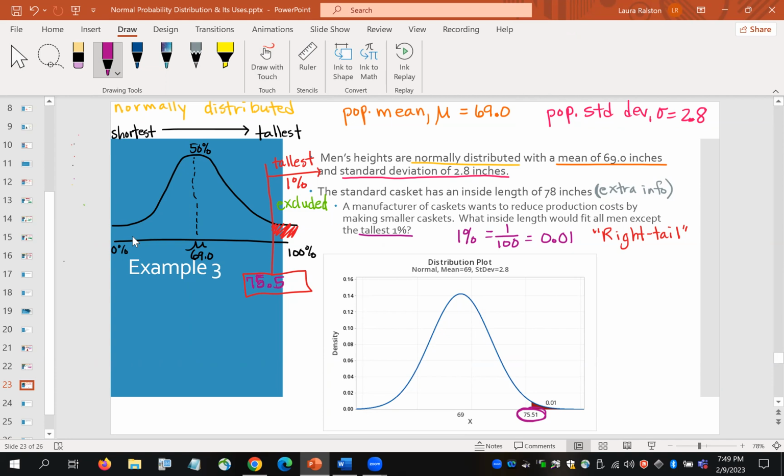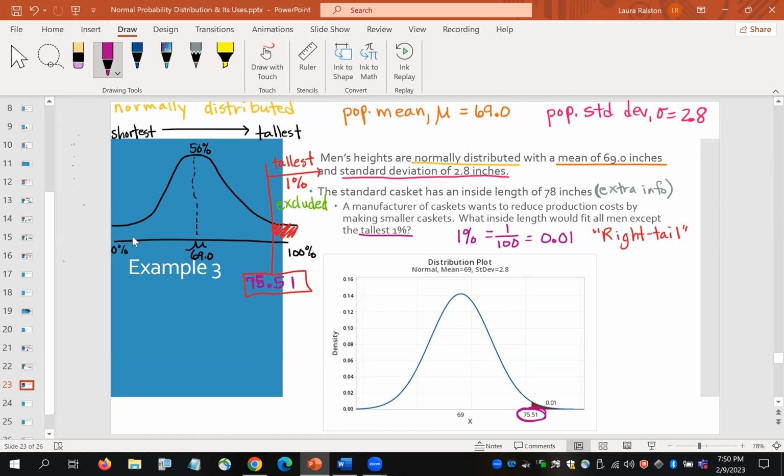So the manufacturer could change the length of his caskets from 78 inches to about 75.5 inches. And the caskets would still fit 99% of all men. And he's saving 2.5 inches.